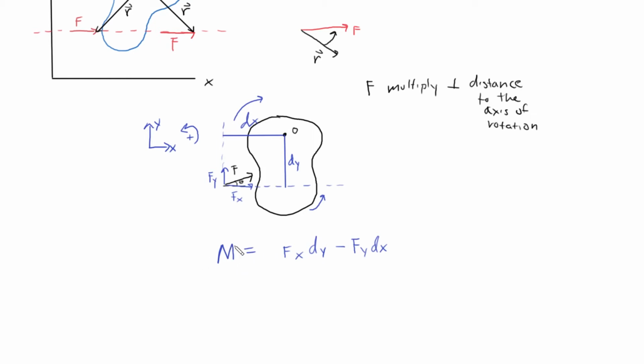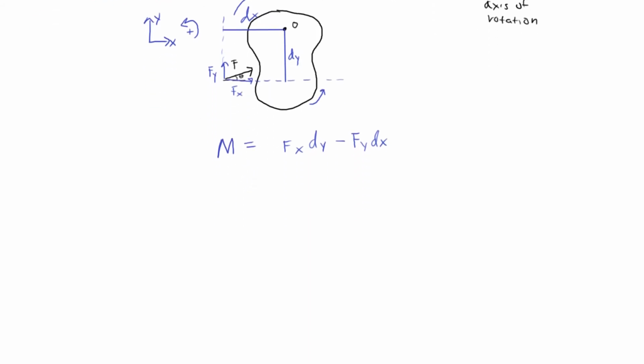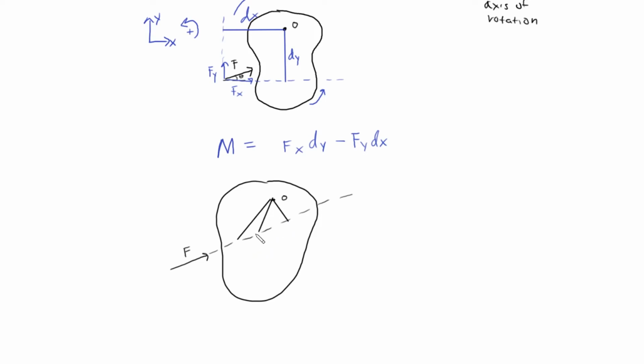If you do not want to break this force into components, we can actually do the same thing by using the force itself. So let me draw another example. So we have a rigid body. This is O, and we say that F is being applied in this direction again. So we have to find the line of action, and then we have to find the perpendicular distance of F to O. Now you can't just use any vector that points to this line of action because we're not using the cross product.